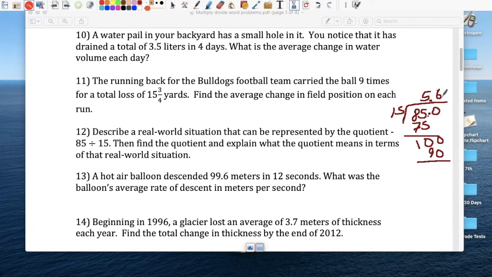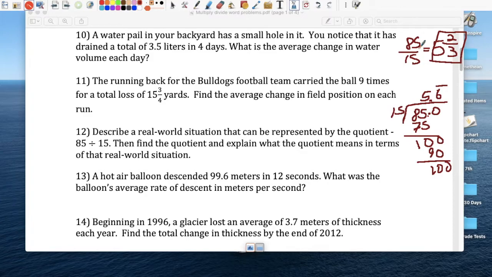So this is going to be 5.666 bar notation, right? Or if you want to leave it as a fraction, it might be even better. So it's going to be 5 and 2/3. Okay, so 85 divided by 15 is 5 and 2/3.